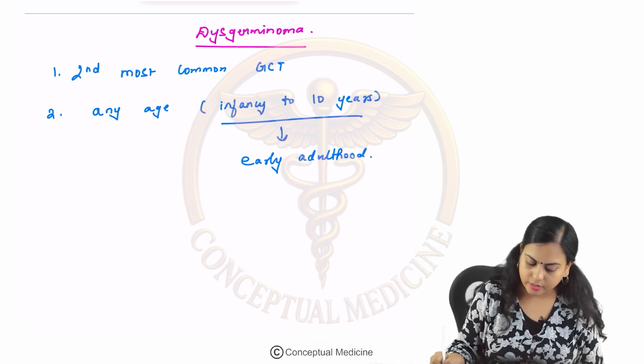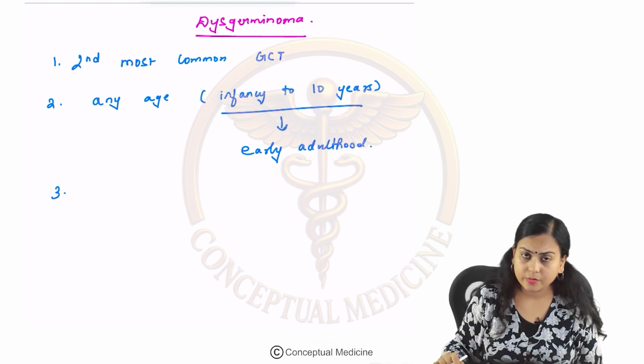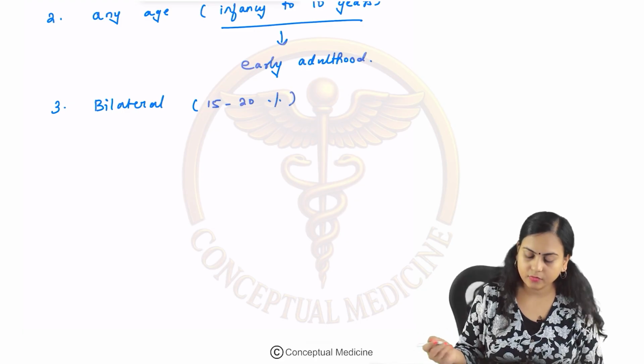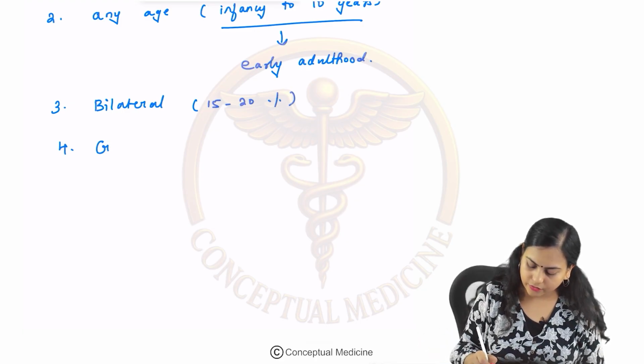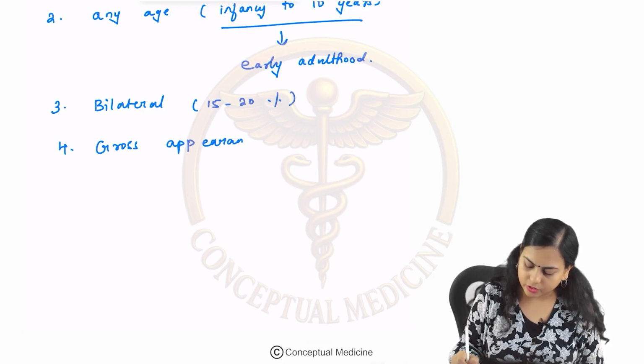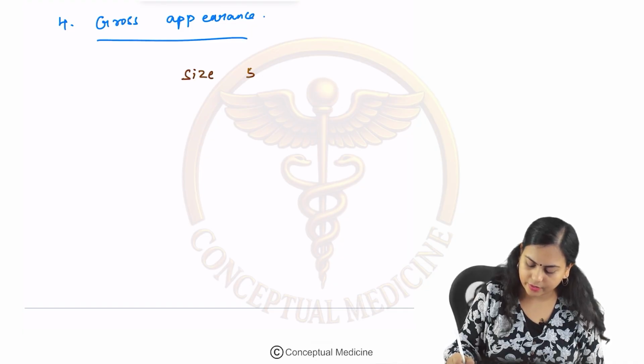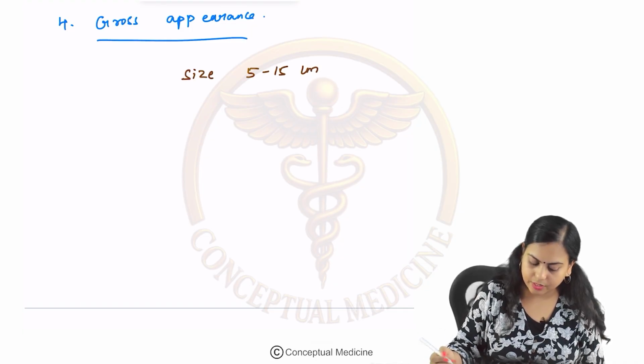Dysgerminoma is mostly unilateral, and bilateral in 15 to 20% of the cases. If you see the gross appearance of dysgerminoma, the size of the tumor is roughly between 5 to 15 centimeters.